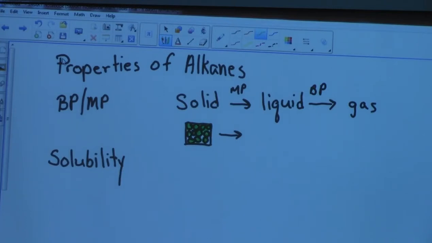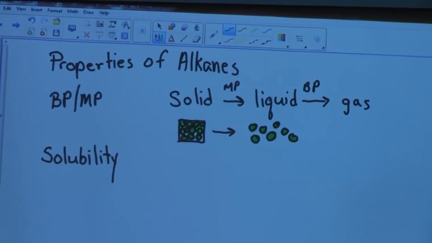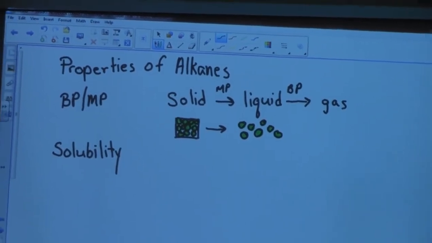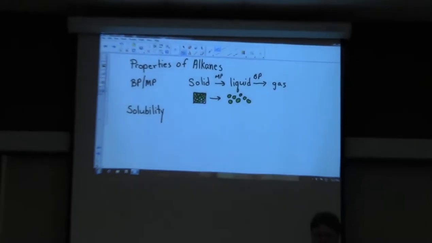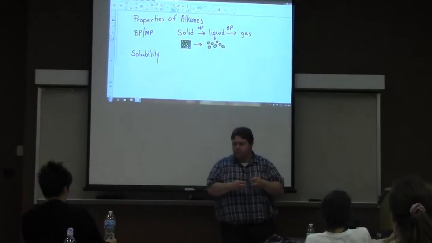Okay, when we go to the liquid form, typically speaking, this isn't true in all cases, those molecules are not quite so close together.